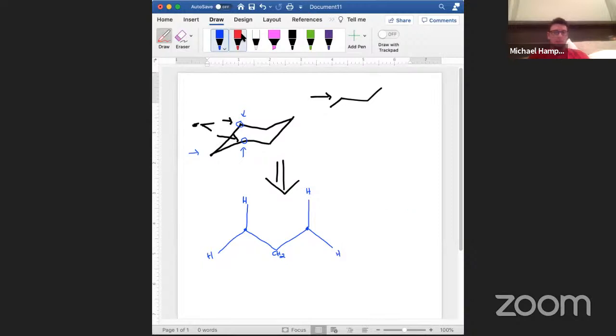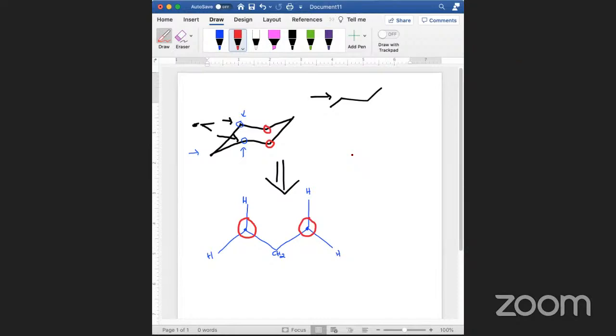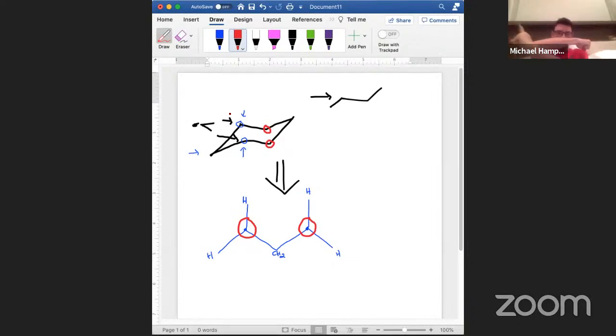Now you have these back carbons in red. Something's coming up from them and meeting like this. What is it? If you're looking down this bond, there's this top corner of the chair.